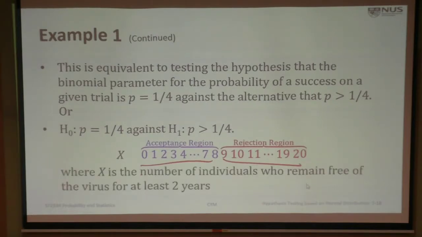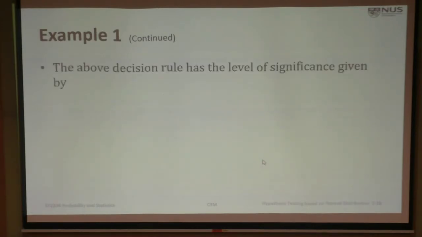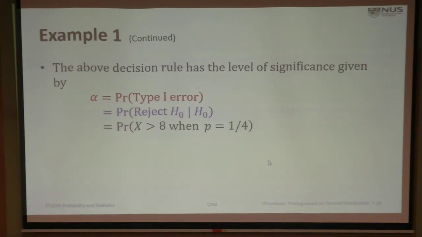X is the number of individuals out of 20 who remain free of the virus for at least 2 years. So we want to compute the type 1 error probability, that is, rejecting wrongly.